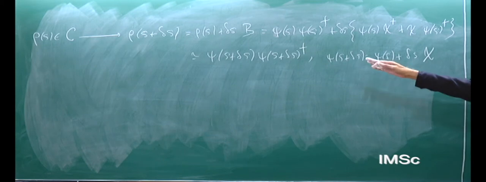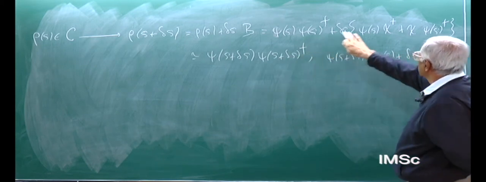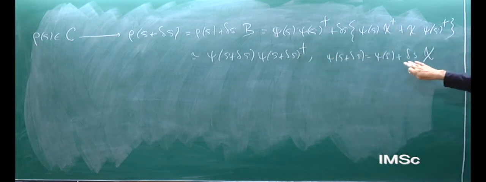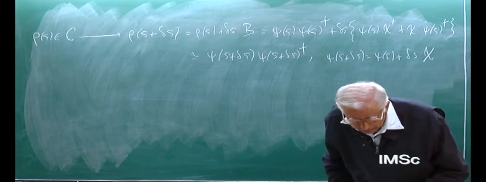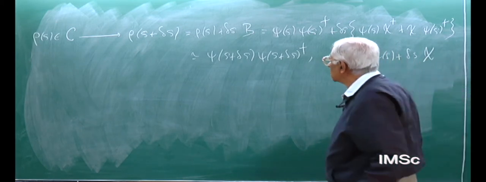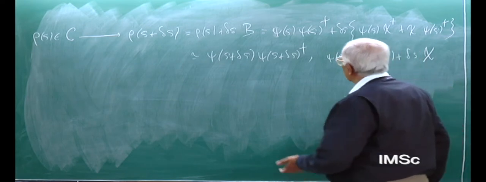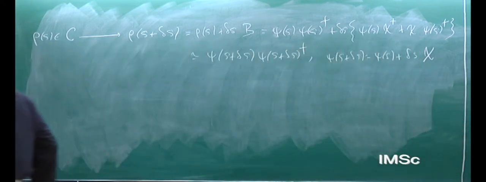Just put this into this expression, and you will get all the terms in the first line. You are neglecting terms of order delta s squared. That is a chi squared term. Chi dagger you neglect.